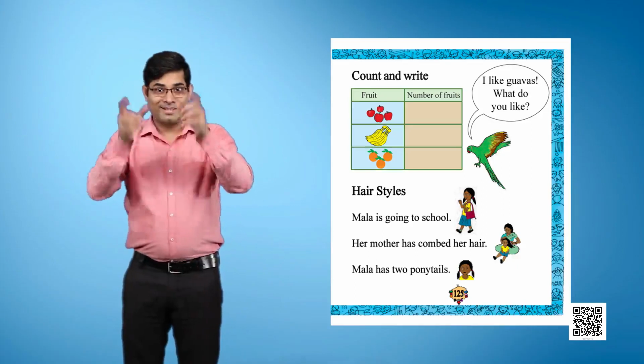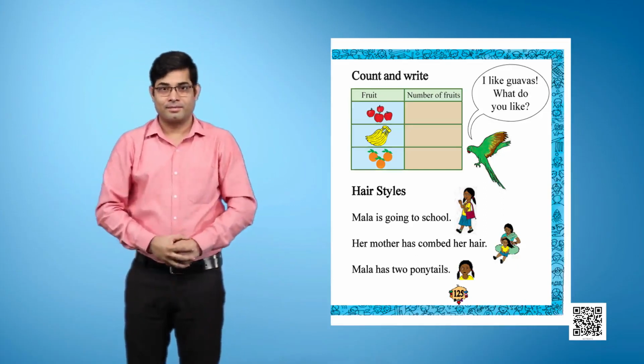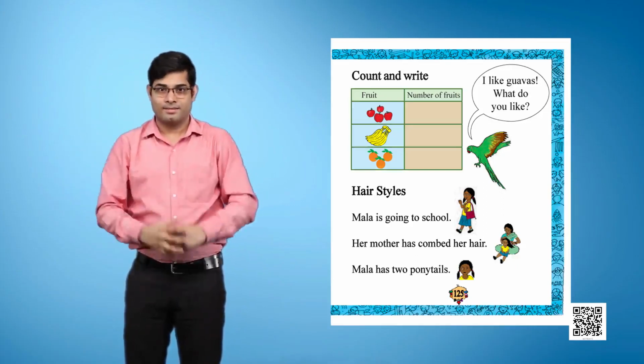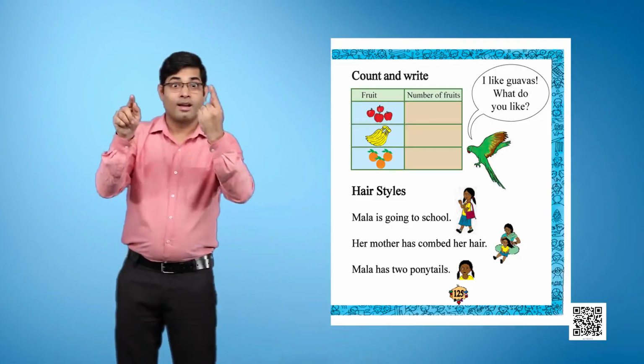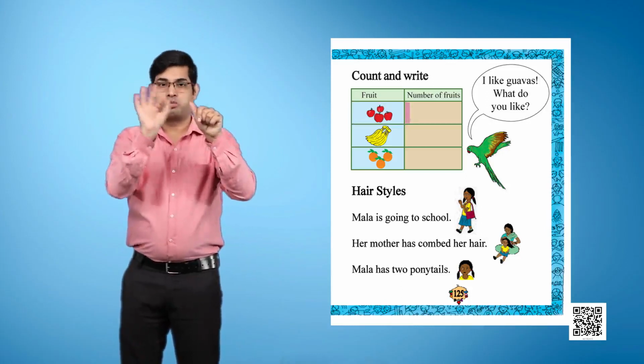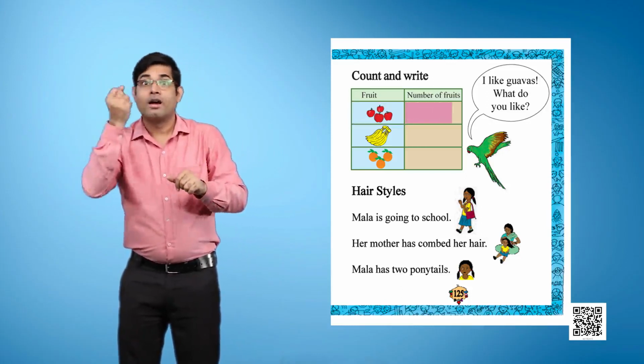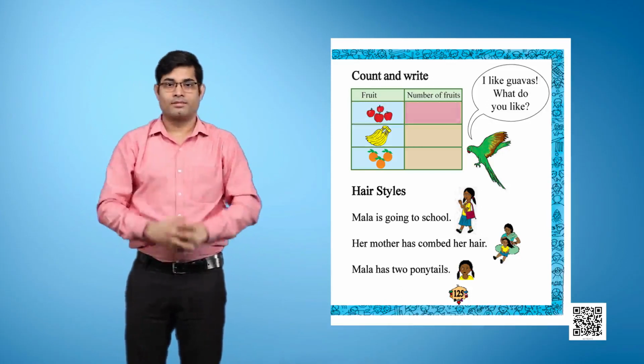The table reads as Row 1. Column 1 has picture of 4 apples, Column 2 has empty space for writing number of fruits.